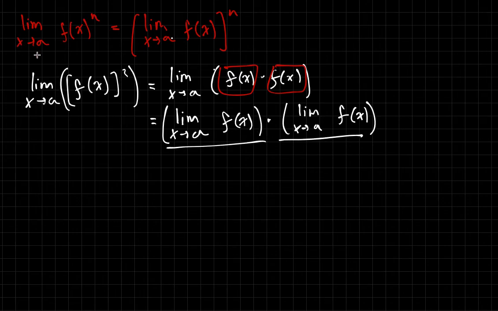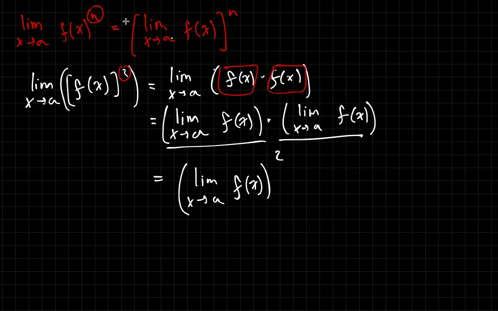So if you have something times itself, what can we rewrite that as? Well, we all know that something times something is just something squared. So this is just the limit as x approaches a for f of x squared. And notice how this is n on the inside, you're moving it out to the outside, and in this case, that is what we did.